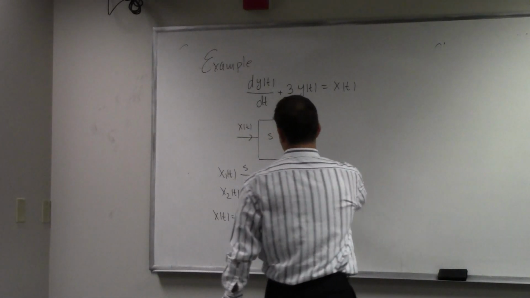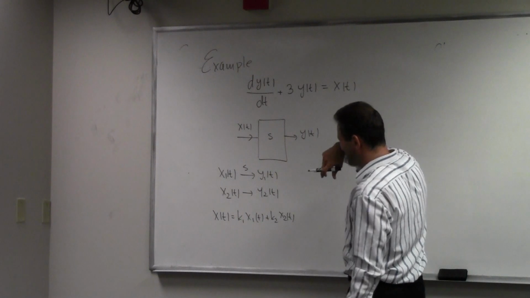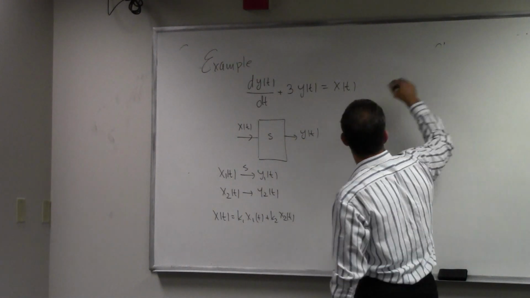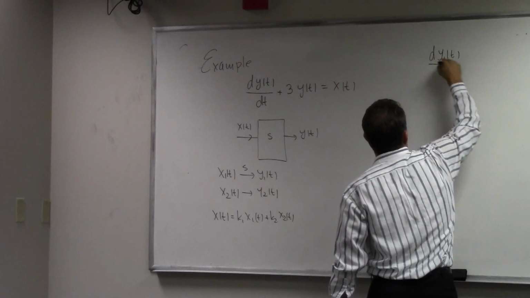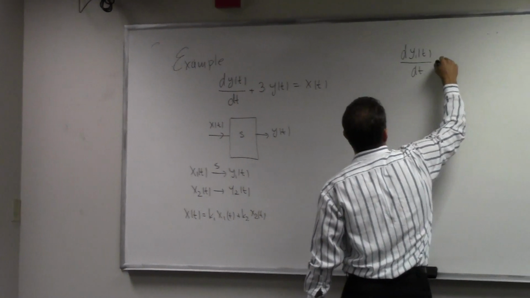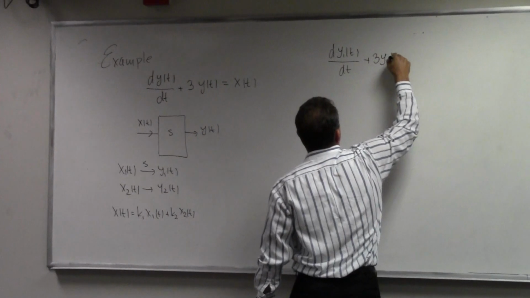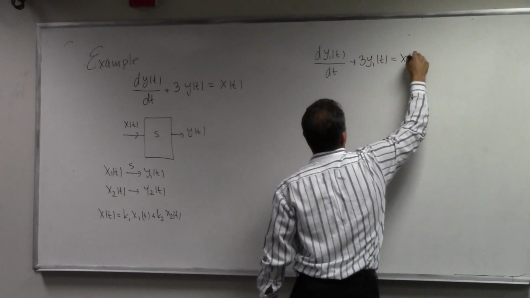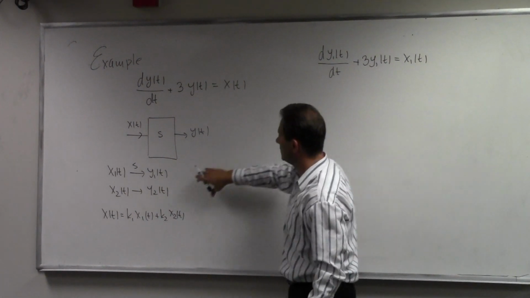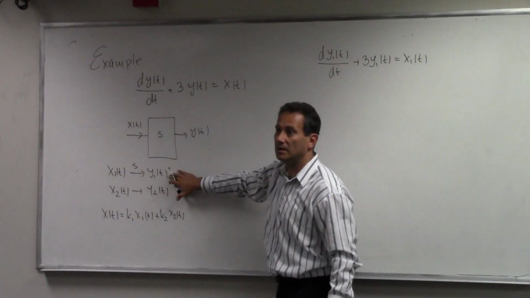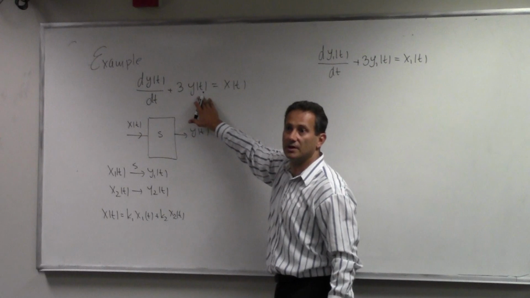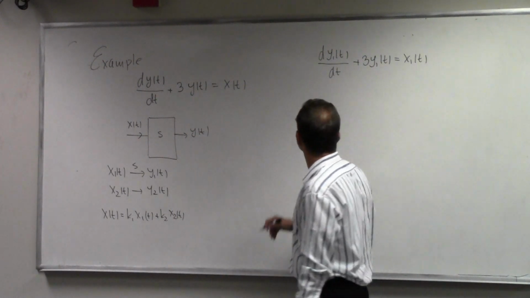So from the first equation, x1(t) producing y1(t), I can write dy1(t)/dt plus 3 y1(t) is equal to x1(t). This is the same statement as this one, right? The x1(t), y1(t) pair satisfies this differential equation that describes the system.